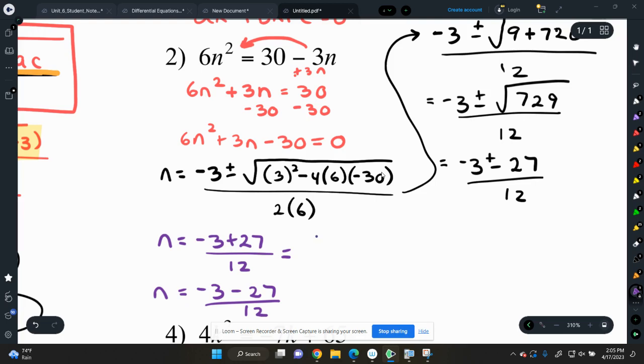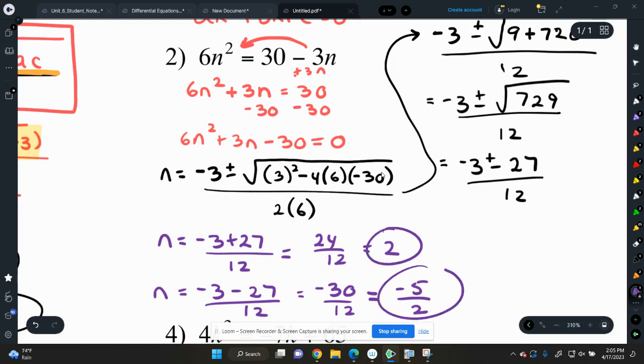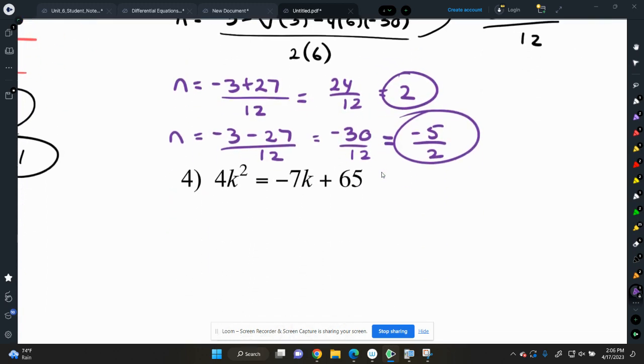So we get 24 over 12, which is 2, and negative 30 over 12, which is negative 5 halves. So there's my solutions. Okay. Questions on that one?